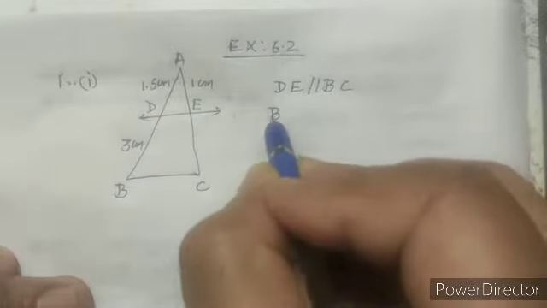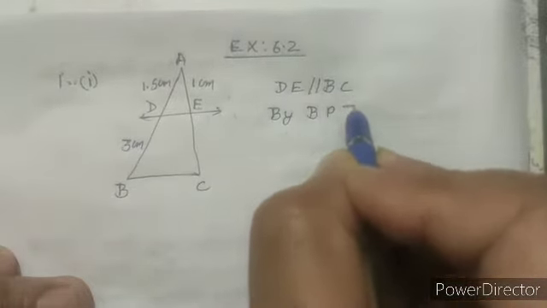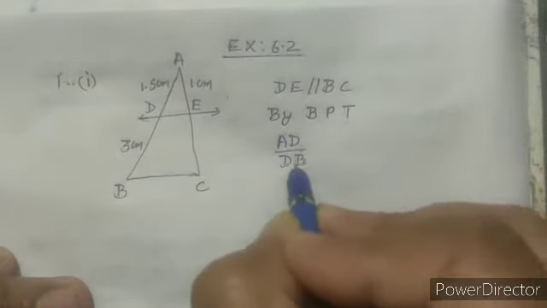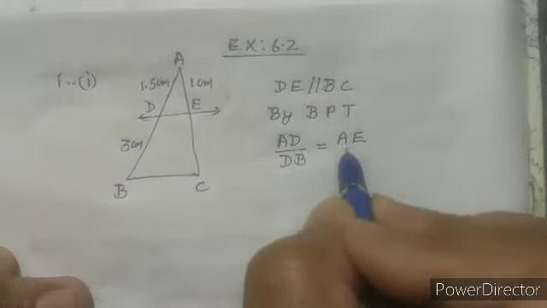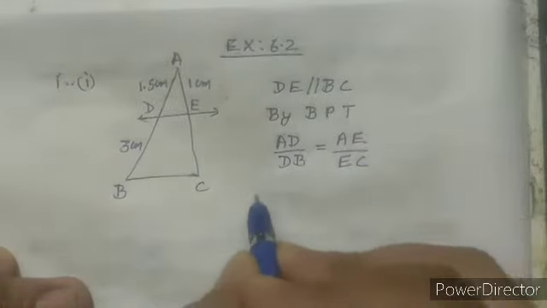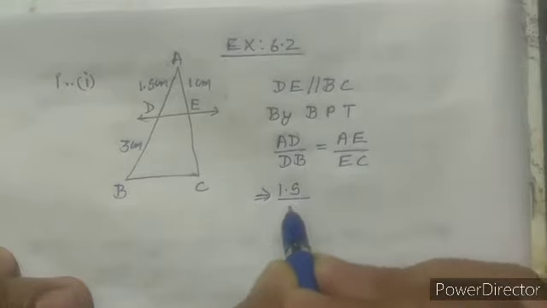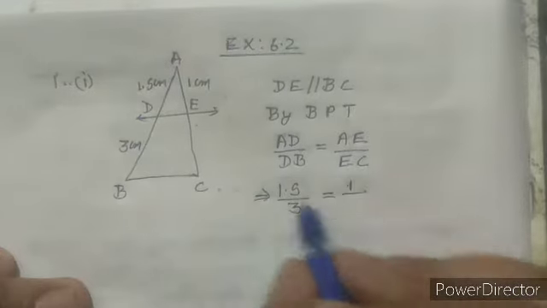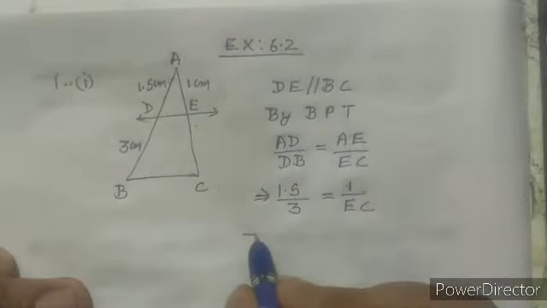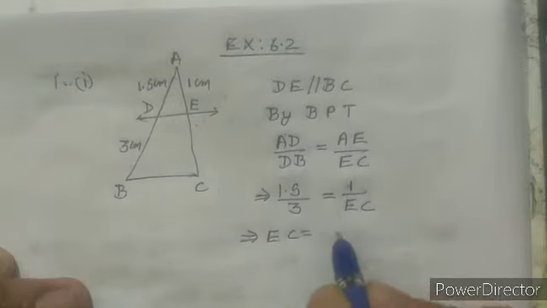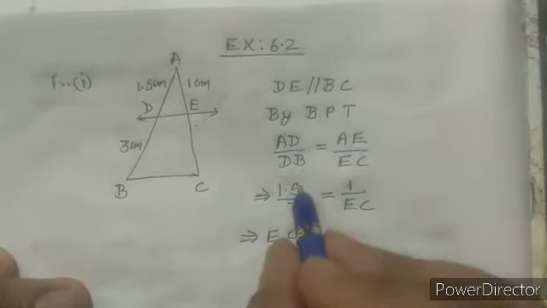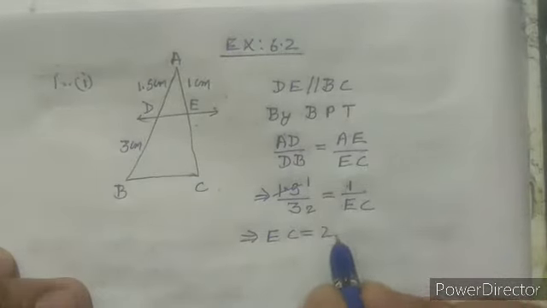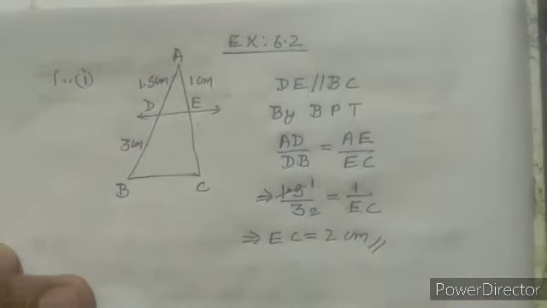So by basic proportionality theorem, we can say that AD upon DB is equal to AE upon EC. And value of AD was 1.5, BD was 3, AE is 1, and EC is not given to us. This we have to obtain. So EC will be equal to, this can be written as 1 by 2. EC will be equal to 2 centimeter. And this is our solution.